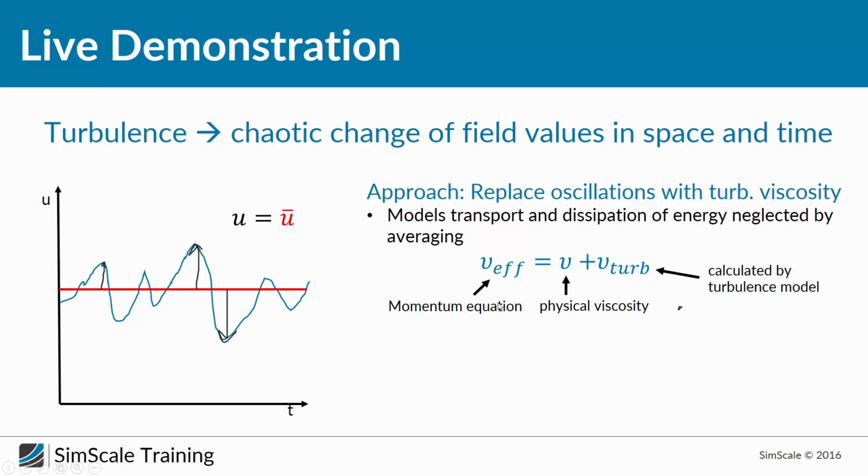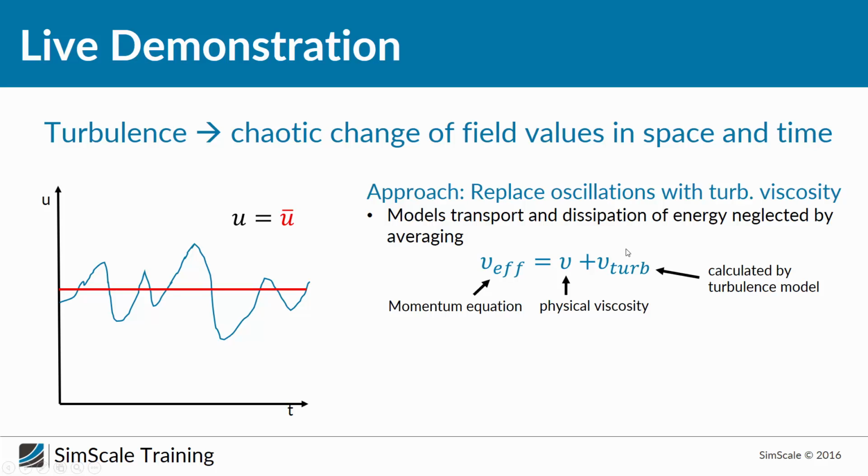And what we do is we replace the viscosity in the momentum equation by a new viscosity called effective viscosity. And one part of this effective viscosity is the real physical viscosity, so the actual viscosity of our flow, and we add a turbulent viscosity.